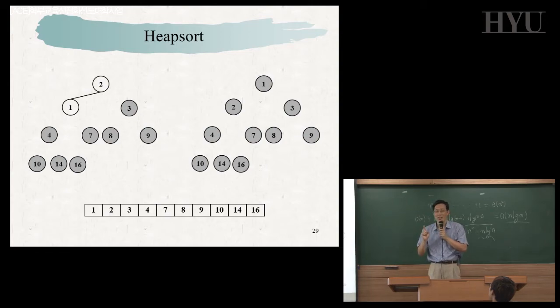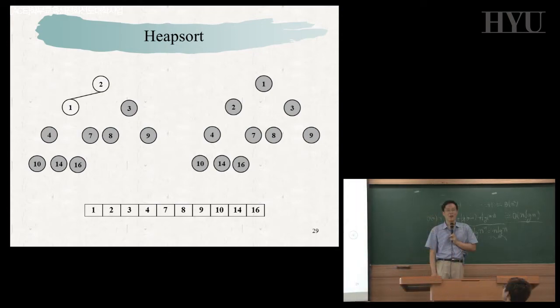And there is one thing I'd like to talk about, the space. I told you that heap sort is an in-place sort. What is the definition of in-place sort? Only a constant number of additional memory is required, to be exact. Okay? So, consider the merge sort.